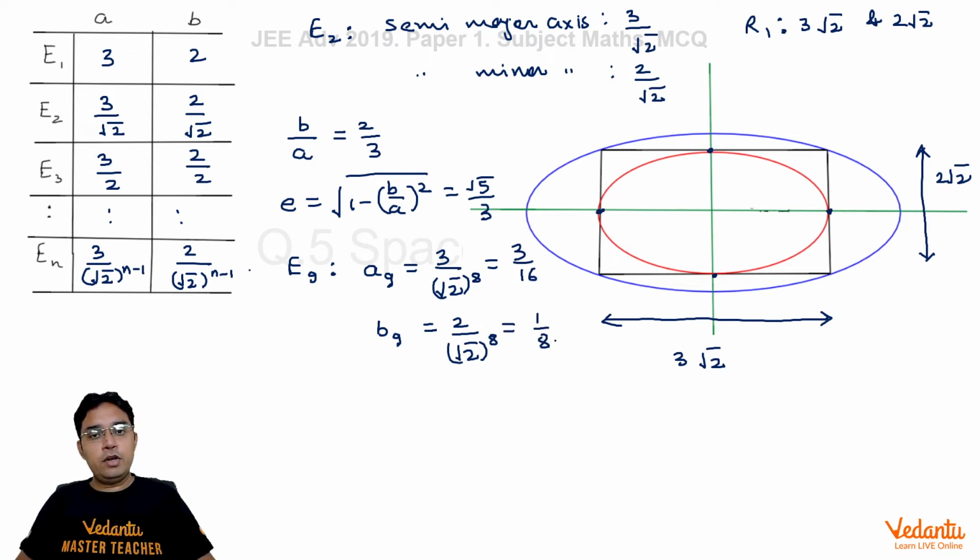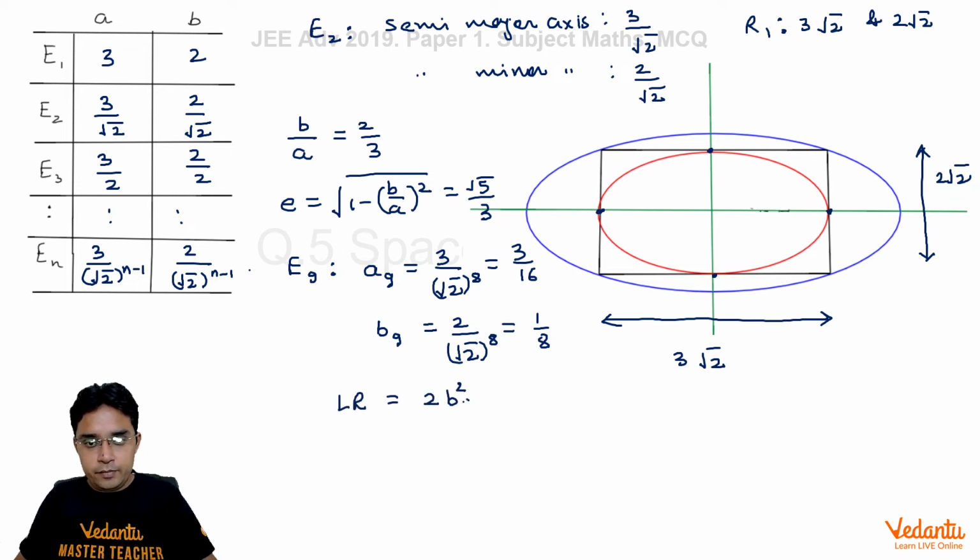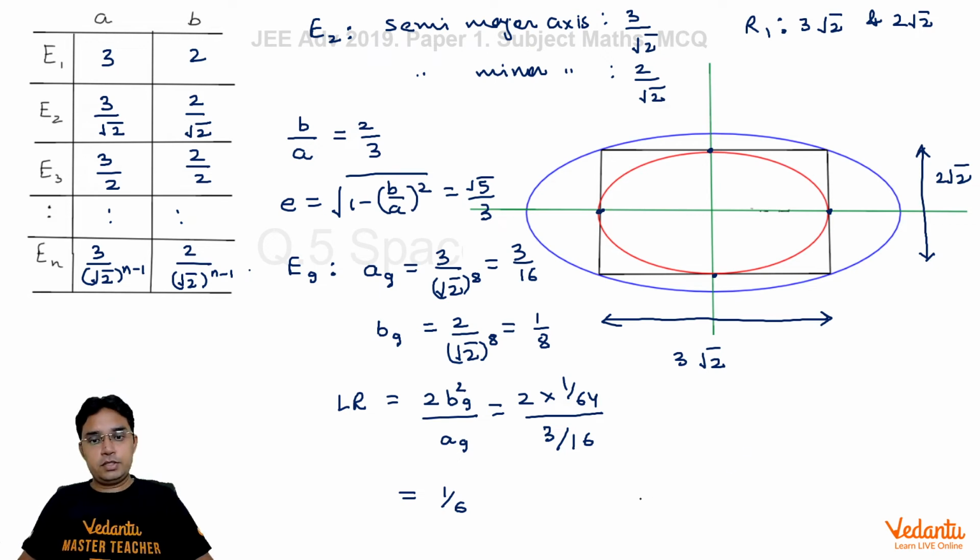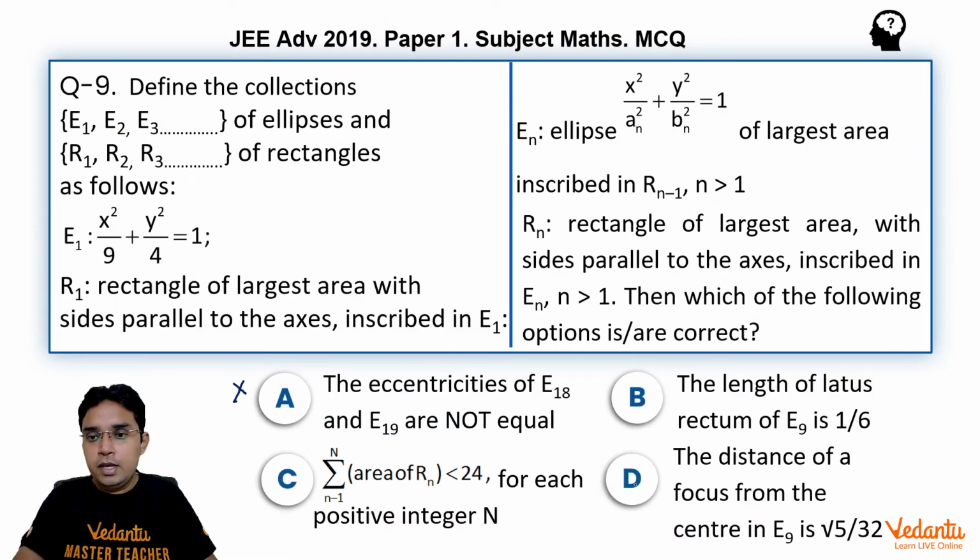The length of latus rectum has the formula 2 b square upon a, here 2 B9 square upon A9. Let us put these values: 2 into 1 upon 64 whole divided by 3 upon 16. If we simplify it, we get 1 upon 6.